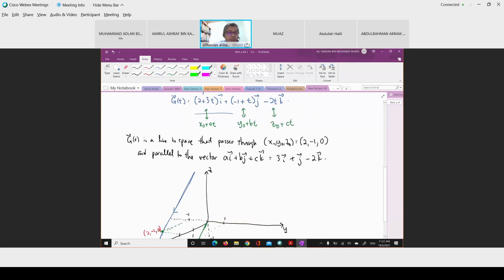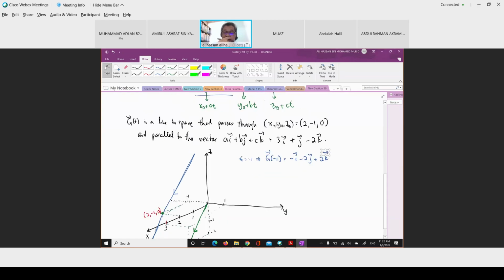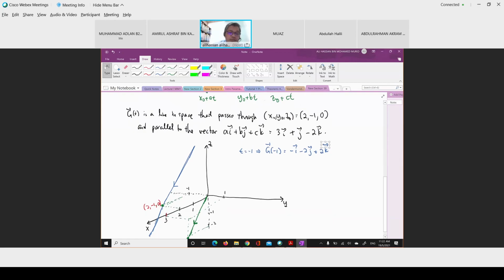So, for example, what is g when t is minus 1? If I replace t equal to minus 1 in the vector valued function g, it is equal to, when t is minus 1, 2 minus 3 is minus i, minus 2j plus 2k, right? So maybe somewhere there.